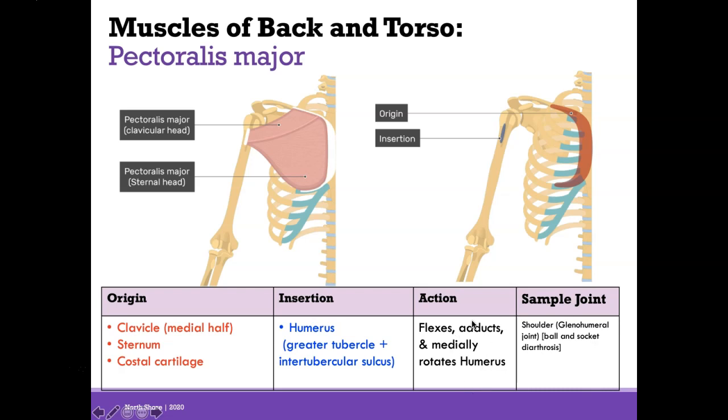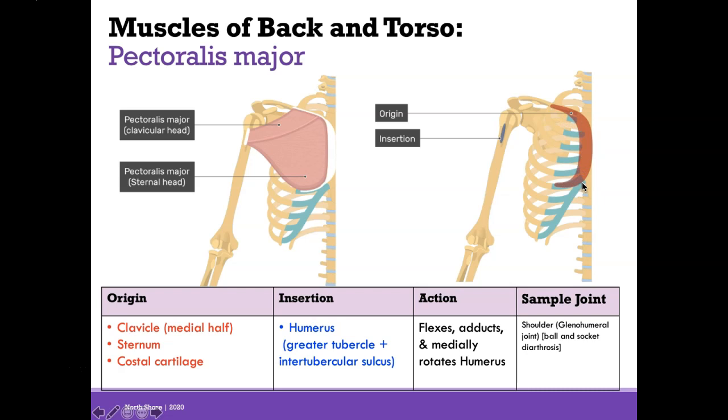We just mentioned all these actions, right? Flexion, adduction, and rotation at the shoulder joint. The muscle that allows for these actions is the pectoralis major, or the pecs. And the pecs originate at the clavicle, as well as the sternum, and it also attaches to the costal cartilage.